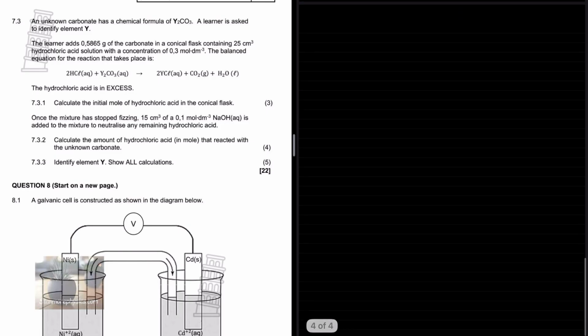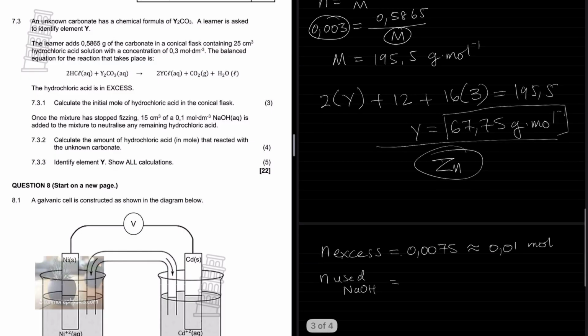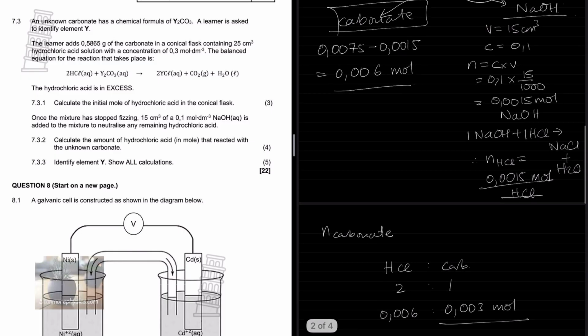So at the start, let's approach this again. The number of moles in excess, we said is 0.0075. But if you round this off to 0.01 moles, right? And then the number of moles that's used in the NaOH neutralization, we worked it out as 0.0015.